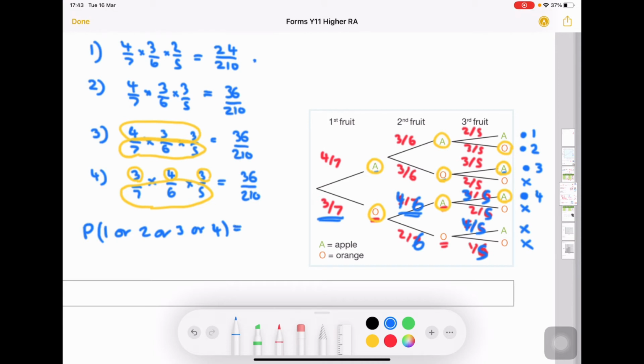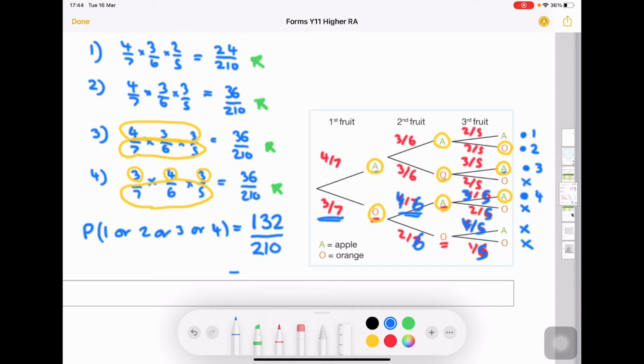I don't know how to denote it, but let's just say the sum of these 4 fractions. So if we add them up, we get 132 over 210.